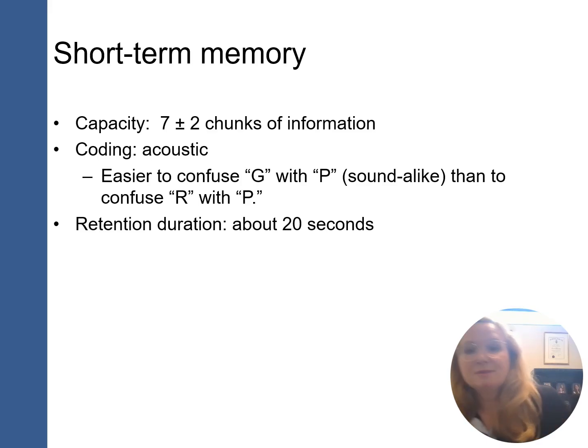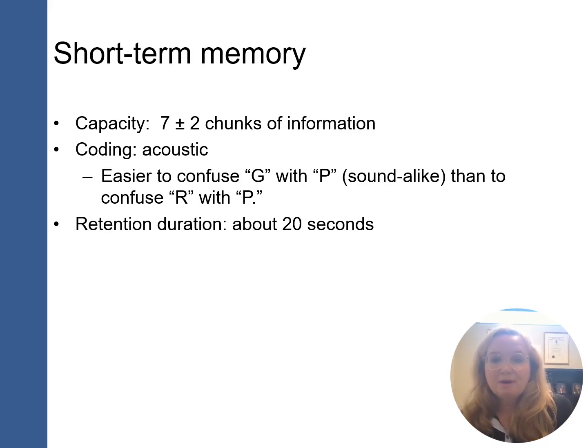If someone gives you 7 digits for a phone number, can you do it? Yes. But if you get more than 9, then you're really having trouble remembering the information unless you chunk it. For example, you can combine numbers: instead of the last 4 digits of the phone number being 8, 2, 6, 3, you might say 82, 63, and that turns it into 2 chunks, right?